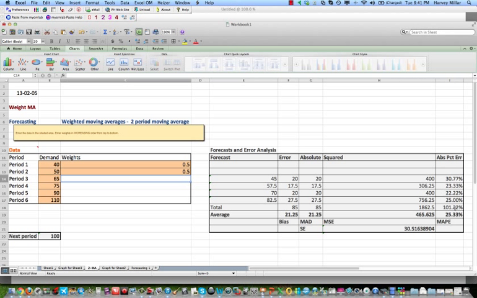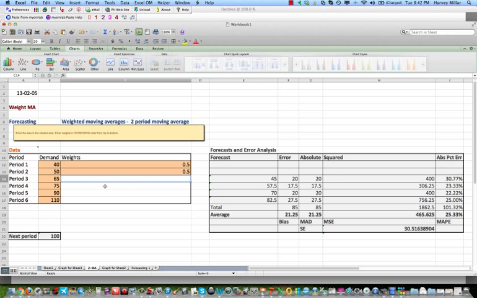And my favorite measure is MAPE, the mean absolute percent error. So what would have happened in this case is I would have taken the error of 20 and divided that by 65, and that would be a percentage error based on just that actual right here. So 20 over 65. Then we take 17.5 over 75, which is basically a 23.33% error.